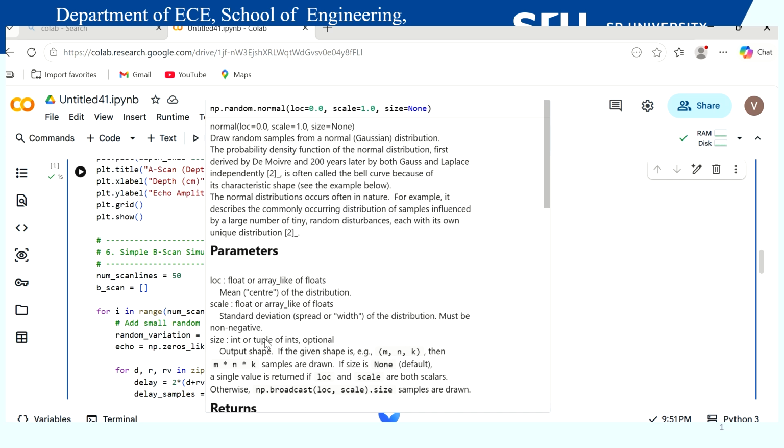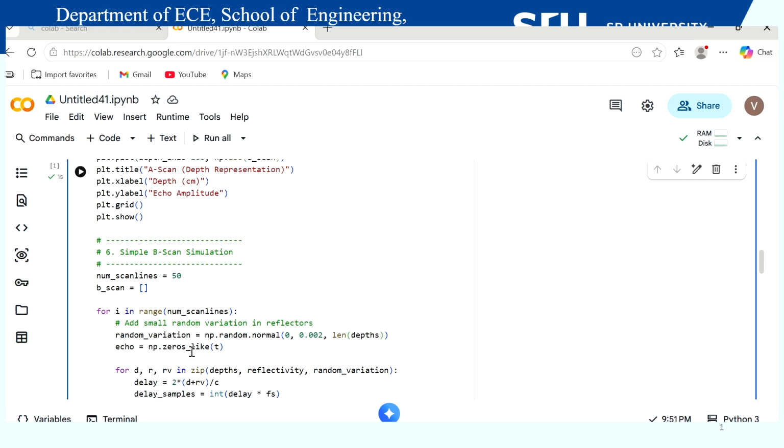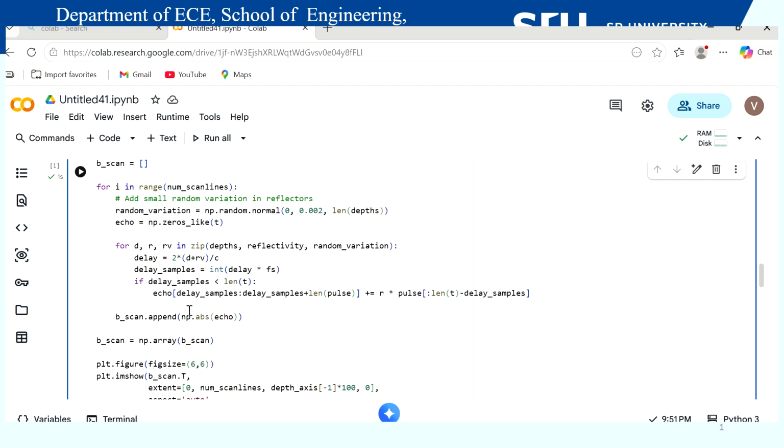Then we have to build the 2D image. Each scan line produces one A scan. We store all A scans in the B scan list: b_scan.append(np.abs(echo)). So finally we convert it into a 2D array. Then b_scan is equal to np.array(b_scan).